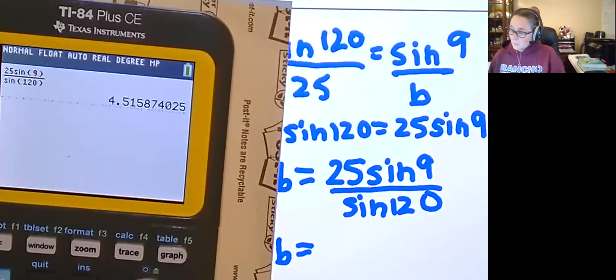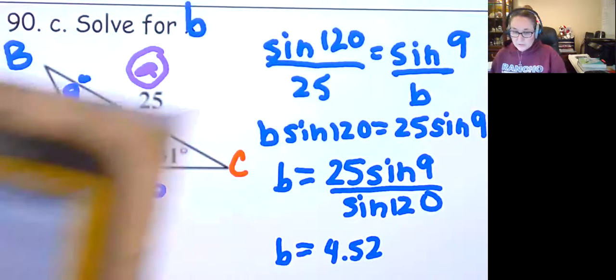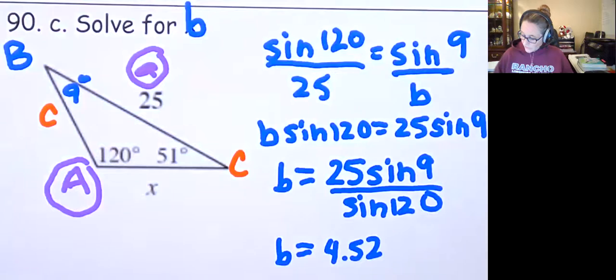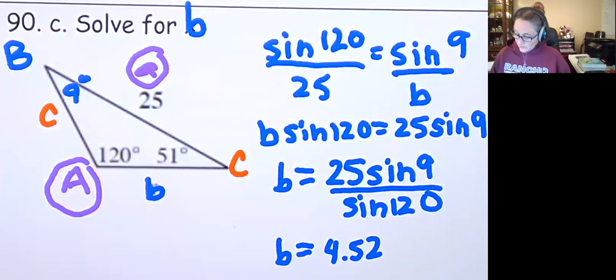And I get 4.52. So 4.52, and that's your answer for b, which is our x, right? That was our x. Okay. Next one.